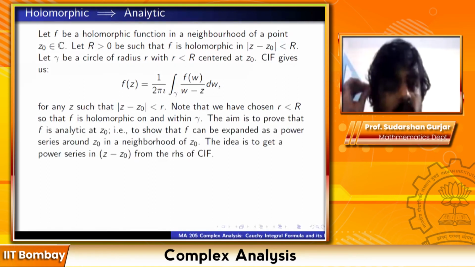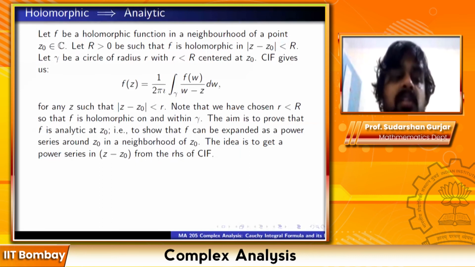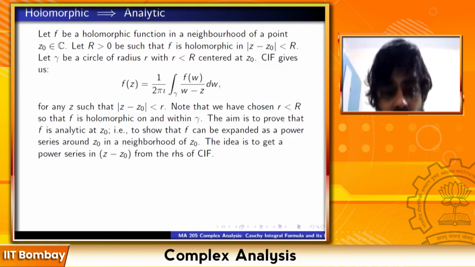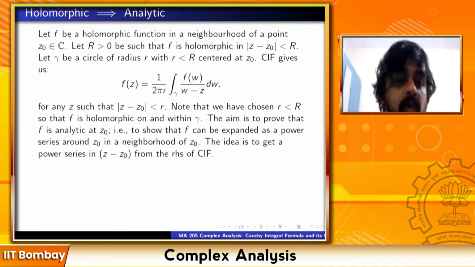So the aim is to prove that f is analytic at z0. What does this mean? Recall that this means you have to show that f can be expanded as a power series around z0 in a neighborhood of z0. So the idea is to get the power series in z minus z0 from the right hand side of Cauchy integral formula.